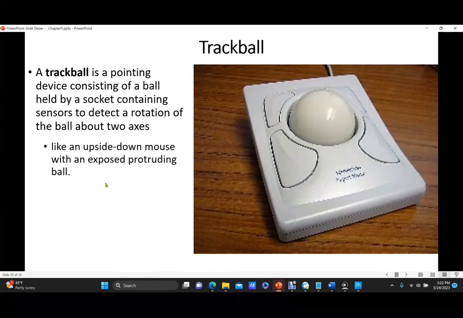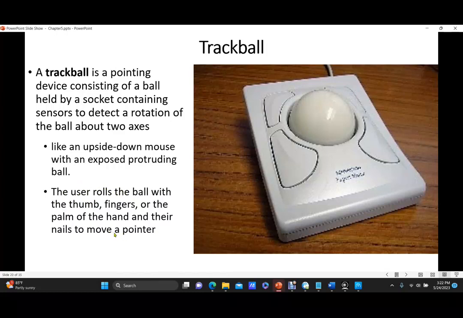It's like a mouse turned upside down, and you can move the ball with one's fingers rather than sliding it on a surface. The user rolls the ball with the thumb and fingers or the palm of the hand, and as the ball moves, it controls the position of the pointer.